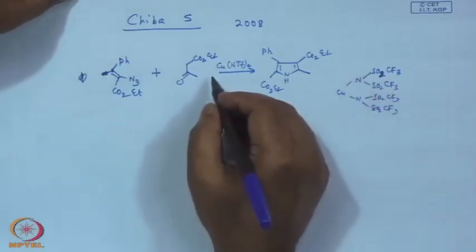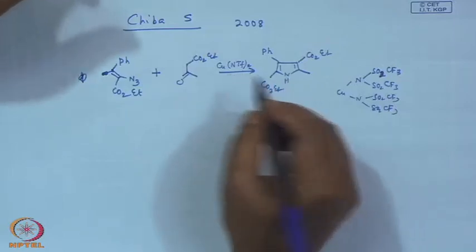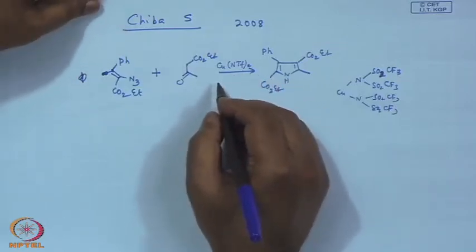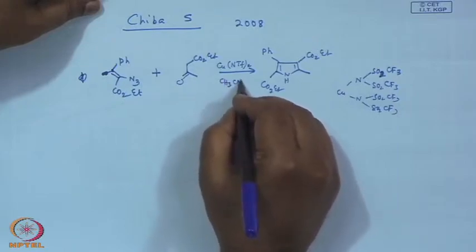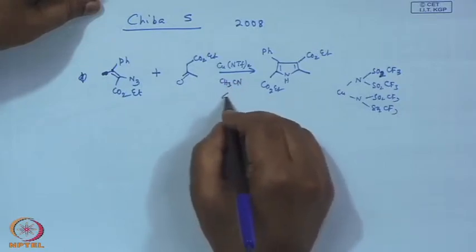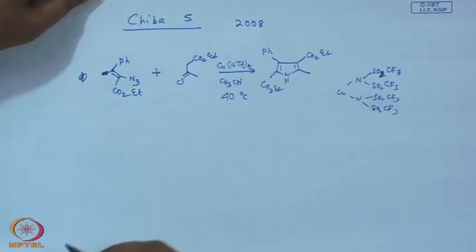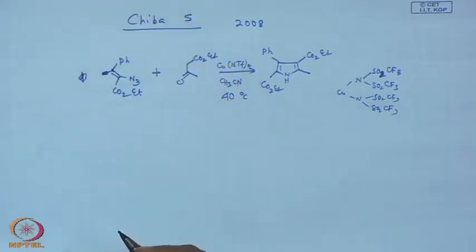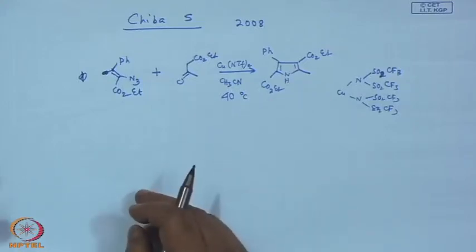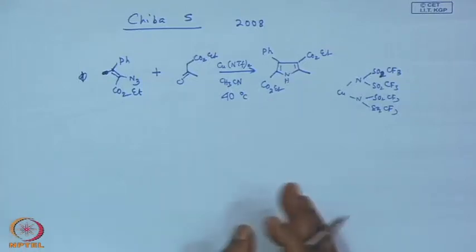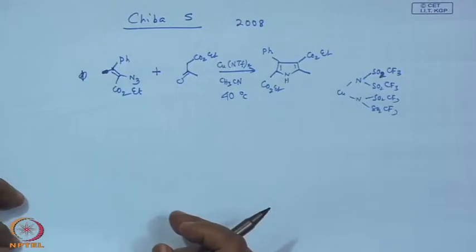But the amount of catalyst is very little. Normally it is 10 to 12%, and what is unique about this is the reaction condition, only 40 degree centigrade. So, you get very high yield. In most cases the yields are very good. There are dozens of examples done.